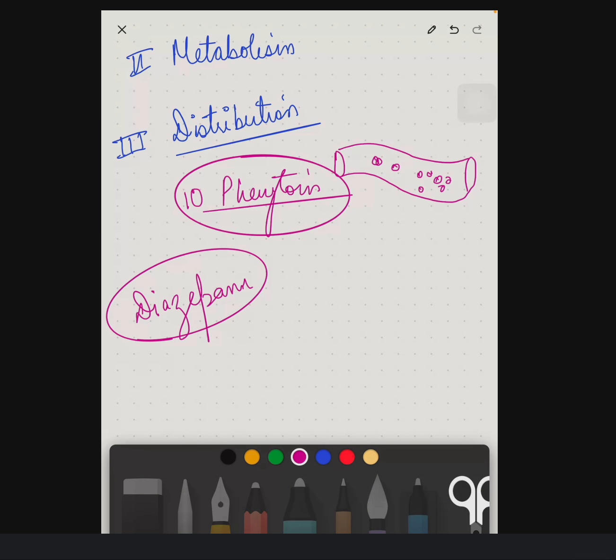So, phenytoin is traveling in the blood with the protein molecule, and diazepam comes and competitively displaces the phenytoin molecule from the protein, and diazepam goes and binds to the protein, which results in increased free floating phenytoin in the blood, which will ultimately increase its action. So, this is how two drugs can affect each other at the distribution phase.